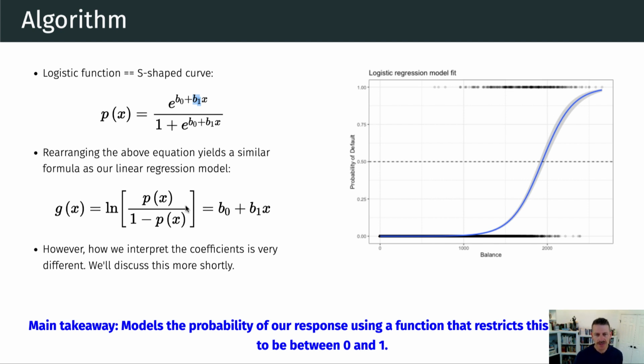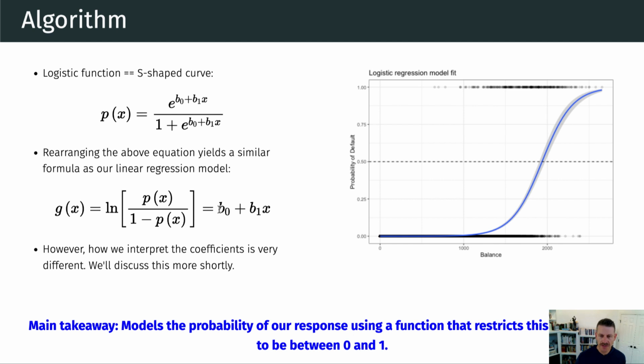Now, there are some nice properties of this algorithm. We could rearrange the algorithm a little bit, and we get this second equation that we see down here, and we call this the logit function. And what ends up resulting in this case is we can get a very similar equation to what we saw with linear regression.